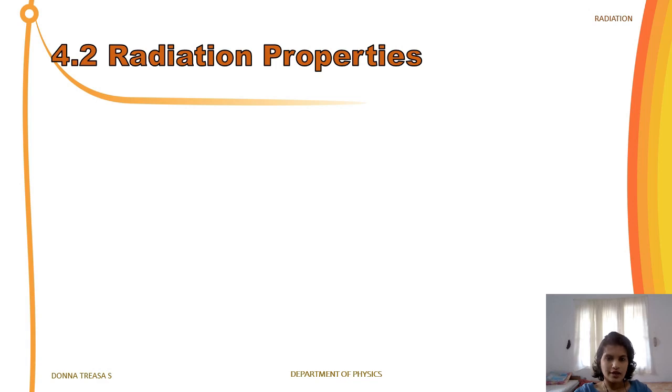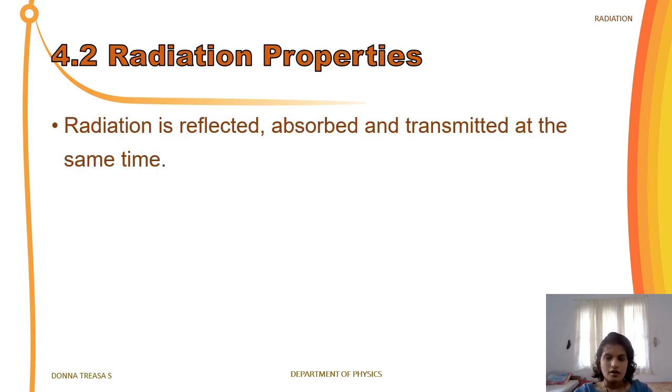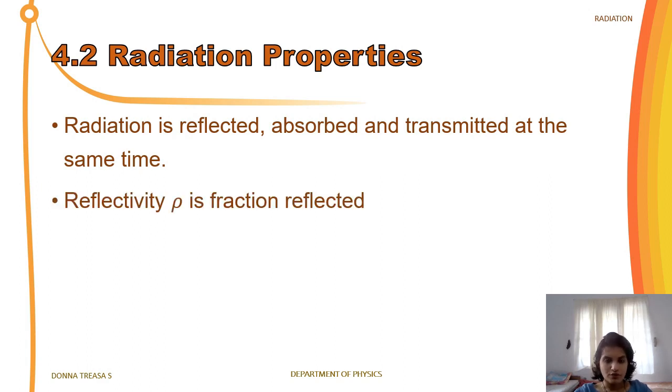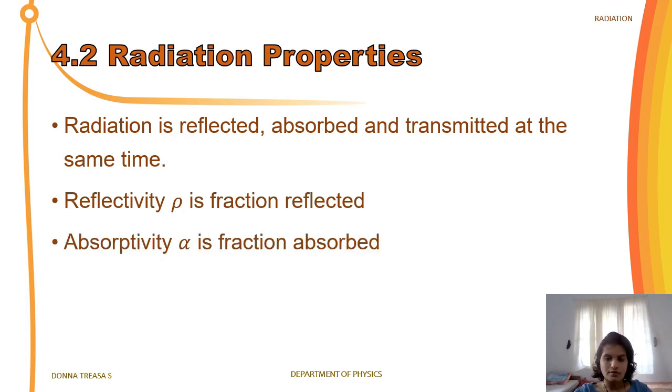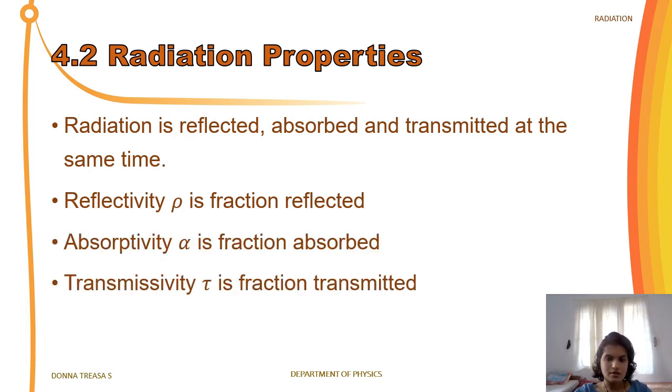Now we come to radiation properties. When a radiation is incident on a body, it is partially reflected, partially absorbed and partially transmitted all at the same time. If we denote reflectivity, which is the fraction of incident radiation reflected, by rho, absorptivity as alpha and transmissivity as tau, then we get a mathematical relation such that rho plus alpha plus tau equals 1.